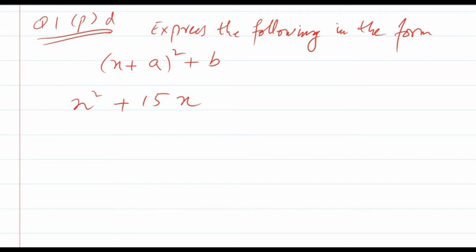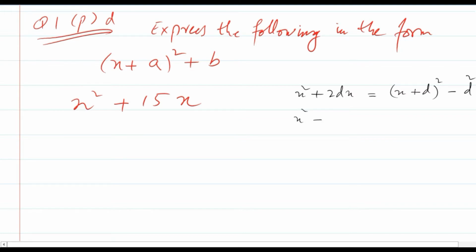I write it here. One is x square plus 2dx equals x plus d whole square minus d square, and x square minus 2dx is equal to x minus d whole square minus d square.